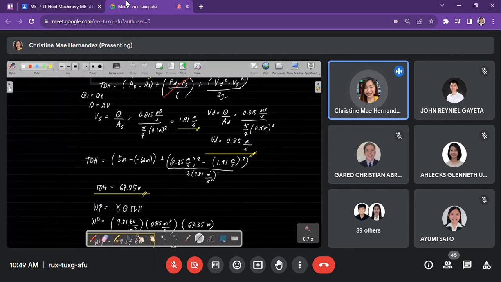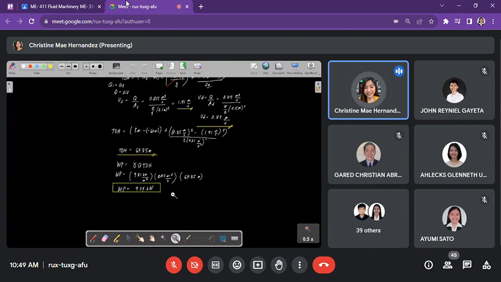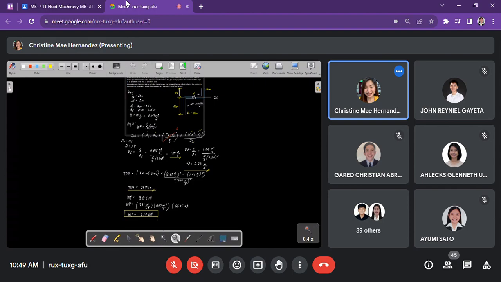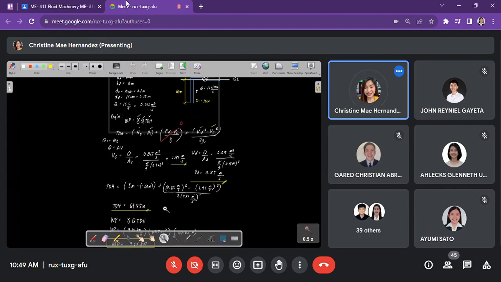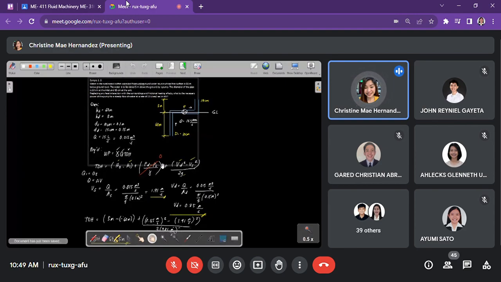So, Q is equal to, yan. So, ito na yung medyo mahaba. Yung water power pa kasi, bago ka maka-solve ng water power, isosolve mo muna ang TDH. So, ganyan lang yung sa pumps natin. Basta tandaan niyo lang yung TDH and kung positive or negative siya.